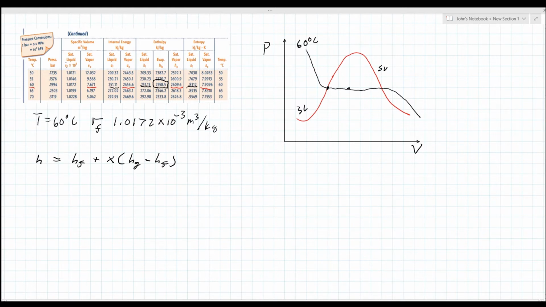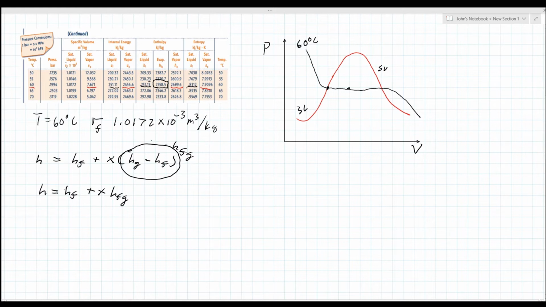What this is, is HFG. So you can write it as H is equal to enthalpy of saturated liquid plus X times HFG. Where I got this from, you have this value here. If you don't have this value, you simply subtract these two, and if you pause the video and do that subtraction, you will get the value I circled.